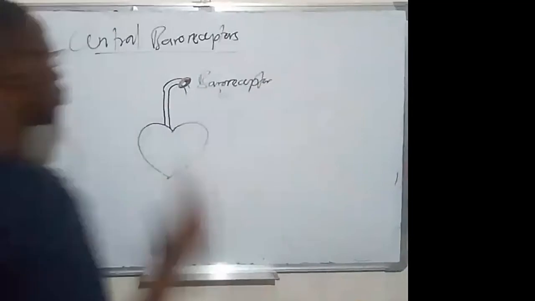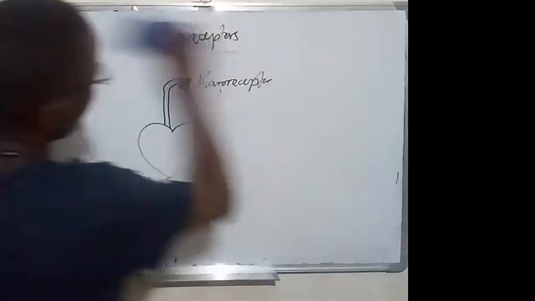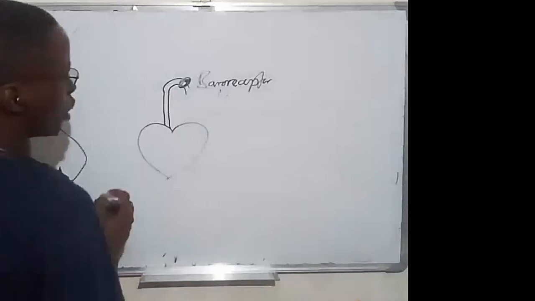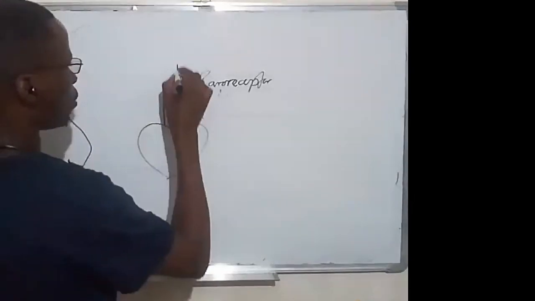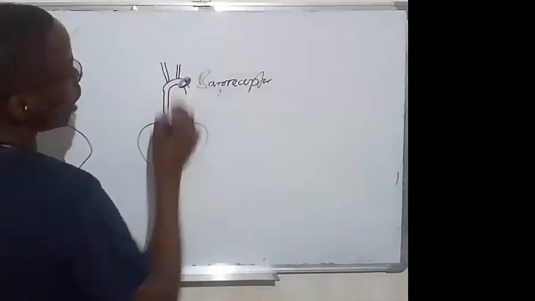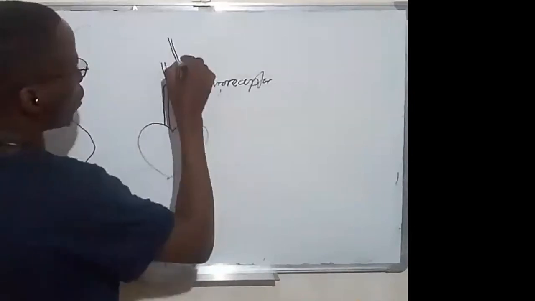Okay, so we're talking about regulation of blood pressure, remember. Then, from the arch of the aorta, we have blood vessels that branch off there. So we are going to have a blood vessel going up like that, another one like that, and then it branches off. One goes inside like that, the other one goes out.